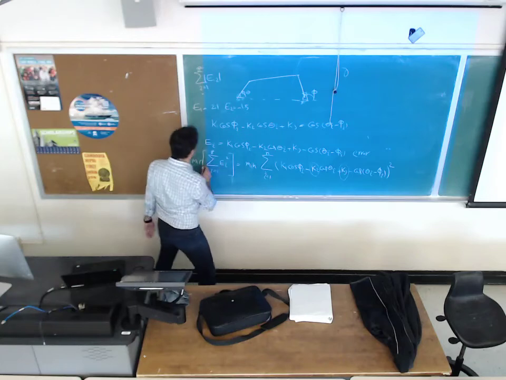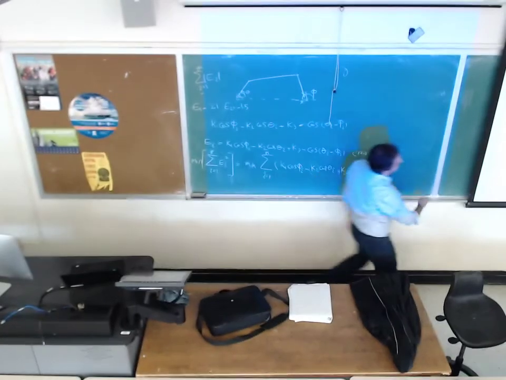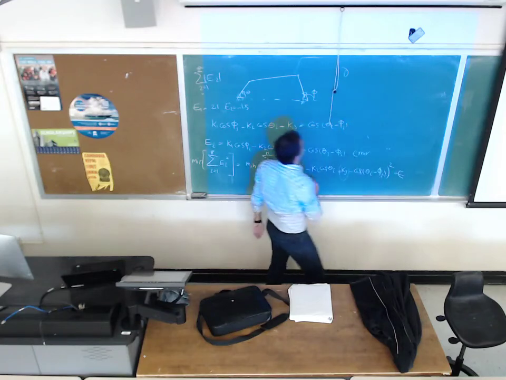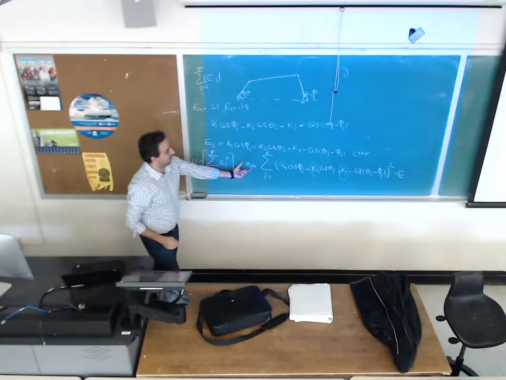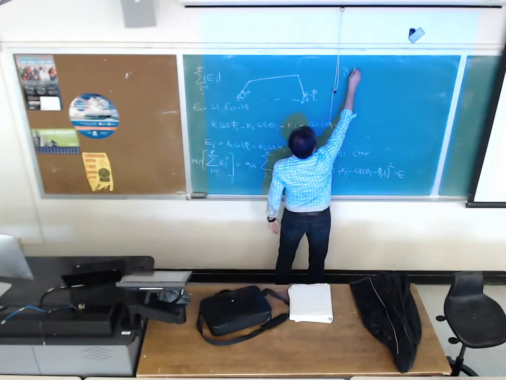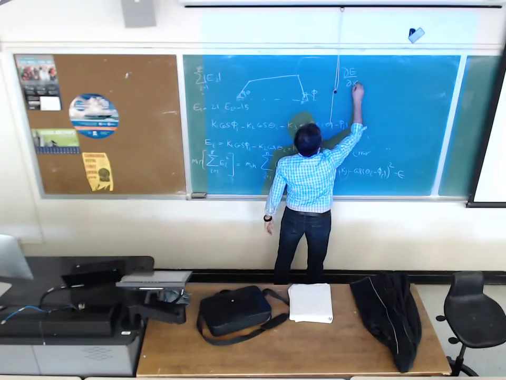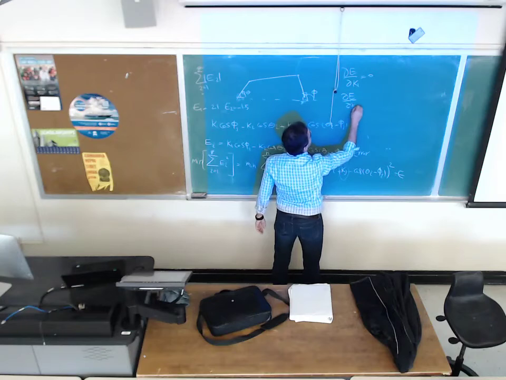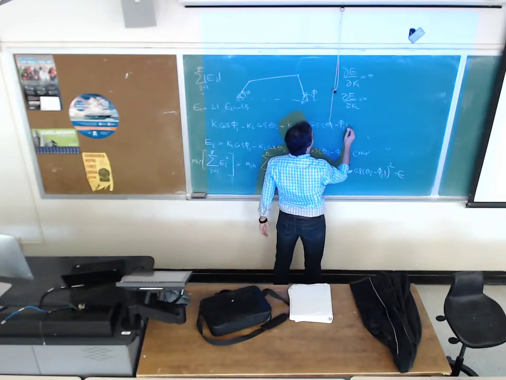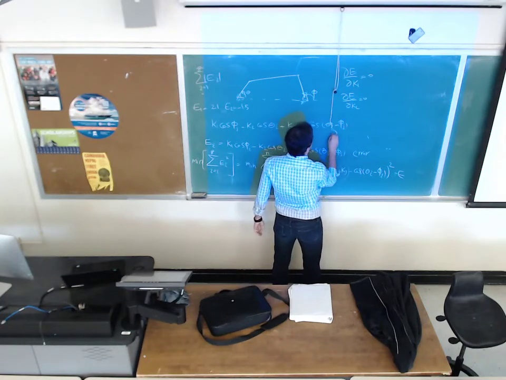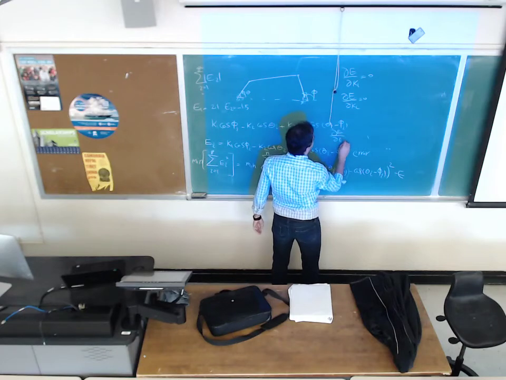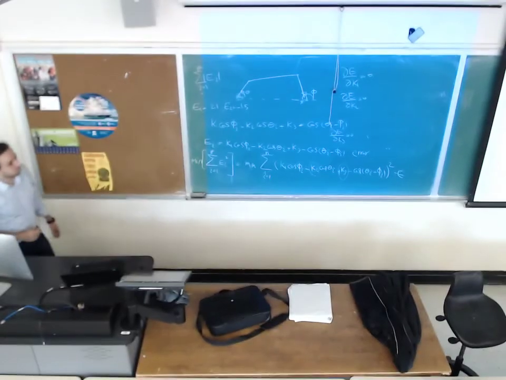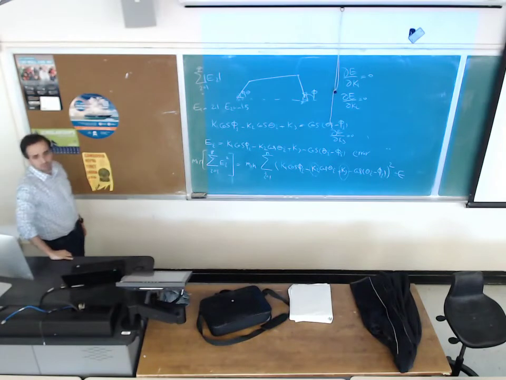So if I call it E, which is the total summation of the square of the error, the del of E with respect to K1 must be set equal to 0, del of E with respect to K2 must be 0, and del of E with respect to K3 must be set equal to 0. Good?